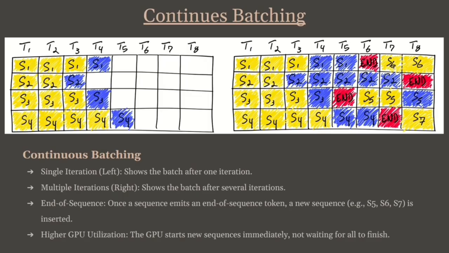So it doesn't need to wait for the others to finish. It doesn't work like the batching techniques before. So that's what happens inside continuous batching. Here we get a higher GPU utilization. The GPU starts a new sequence immediately, not waiting for all to finish. So that's a big thing.